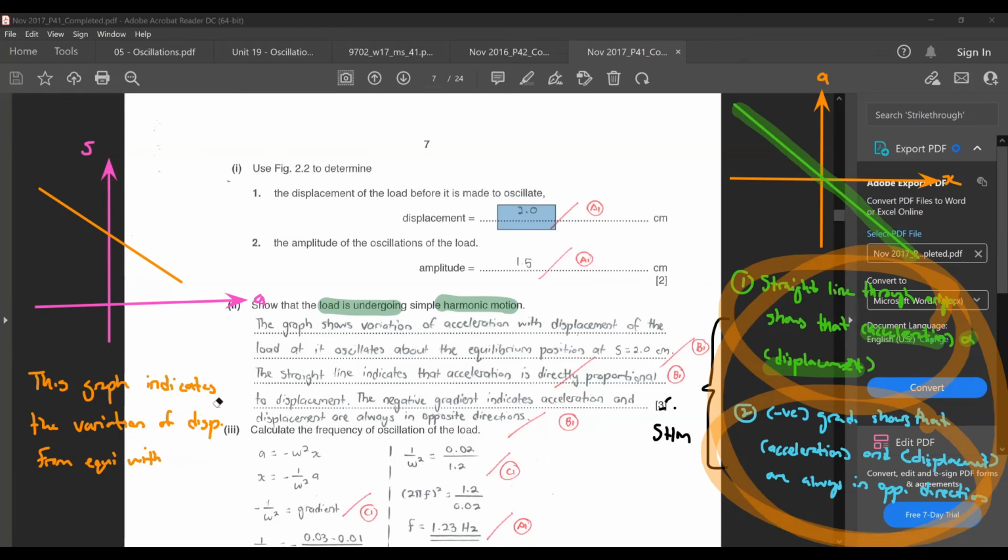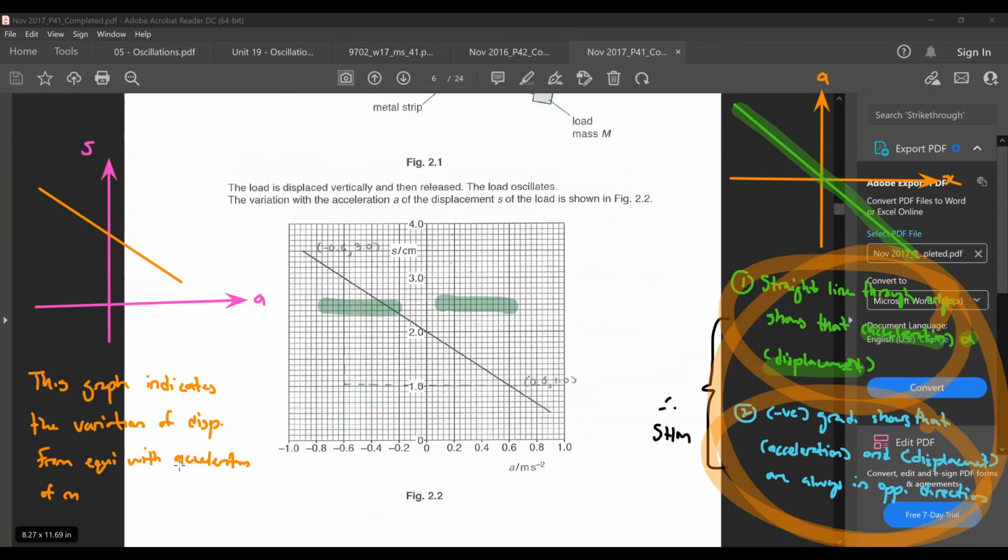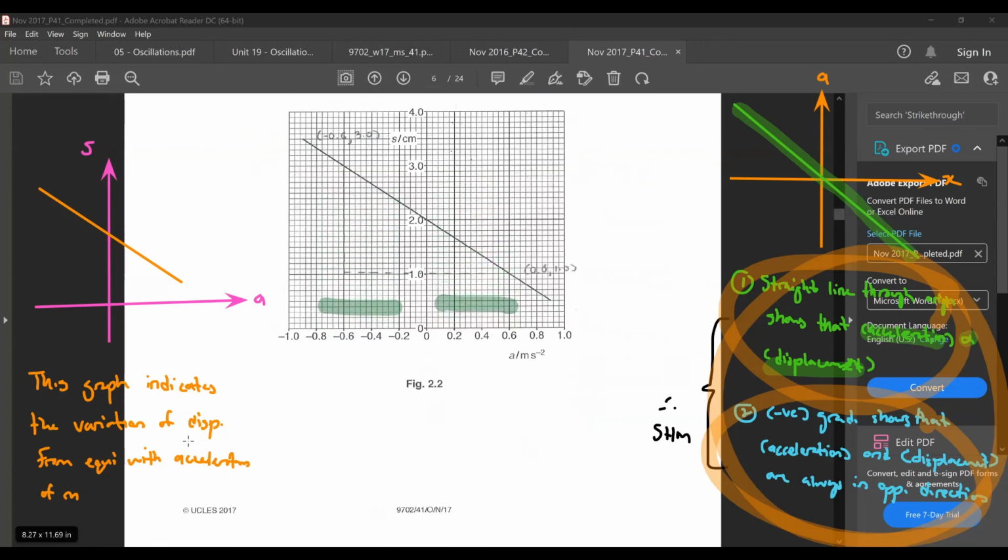It shows the variation of displacement with acceleration of the mass. Of the mass or of the beam. Let me see what I call it. Displacement S of the load. Okay, sorry.